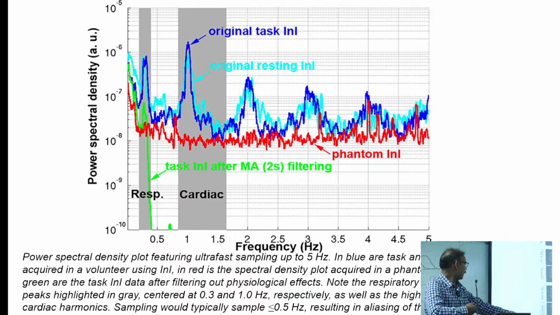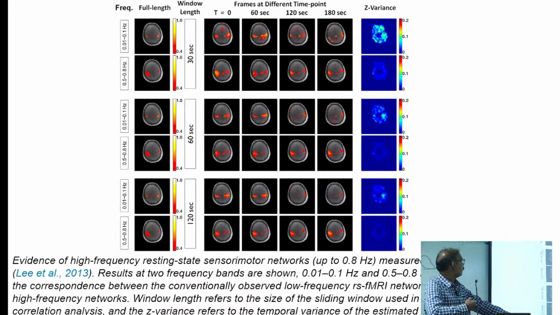And with this data, what they did was they looked at it at two bandwidths, between 0.01 to 0.1 and between 0.5 to 0.8 hertz, right? And this is a very interesting way to analyze because the stimulus that they gave was at this range.